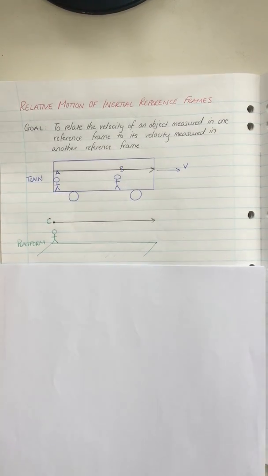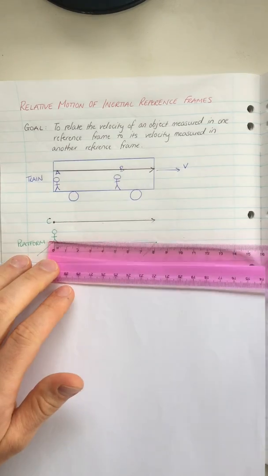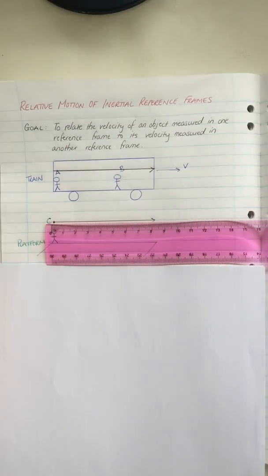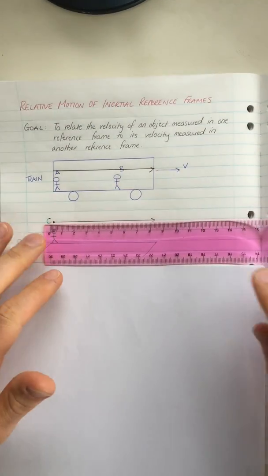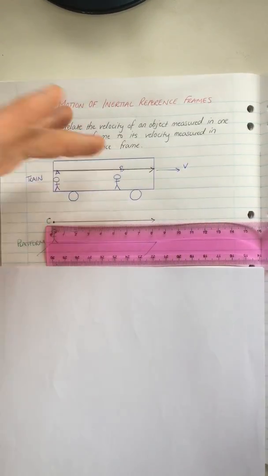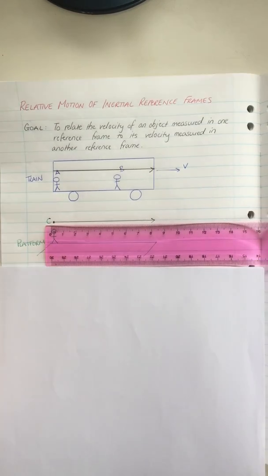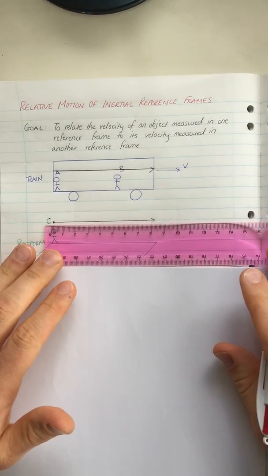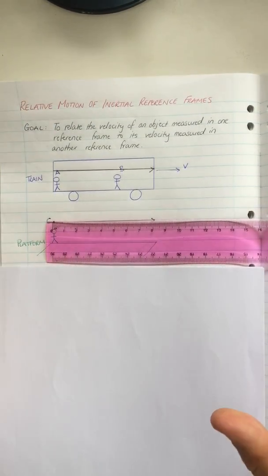And again, we can clarify that by imagining that Carl also has a big tape measure along the length of the platform, and as time passes, of course, Carl will measure that the train, Amanda, Brendan, and everything in the train will be at different positions as time passes. So we can see then that depending on these two people's points of view, they're going to say that something's in motion or something's not in motion. And this is what we mean by the idea that motion is a relative thing.